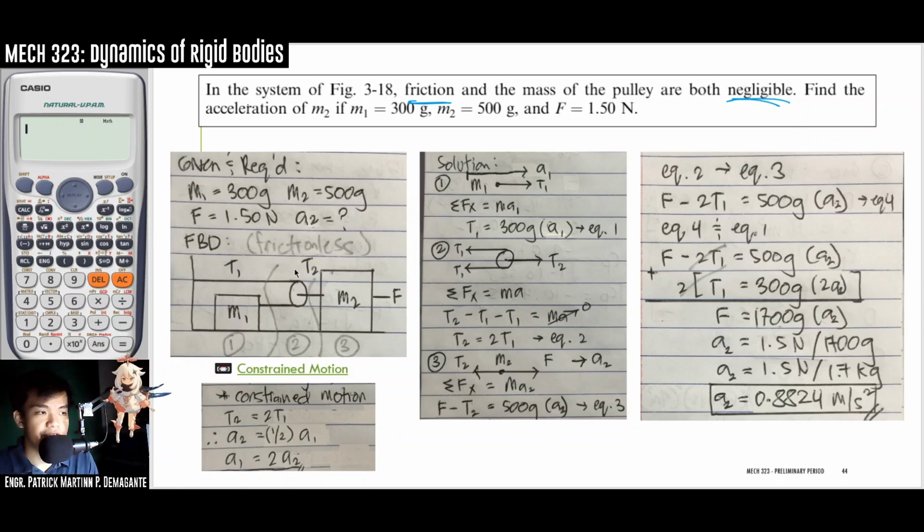Then, F or yung ating force applied, this one, is 1.5 Newton. So, given and required, lagay lang natin si pinapahanap kasi, di ba, si acceleration ng mass 2. So, meron tayong mass 1 na 300 grams, mass 2, 500 grams. Meron tayong force F 1.5. Pinapahanap si acceleration na 2.